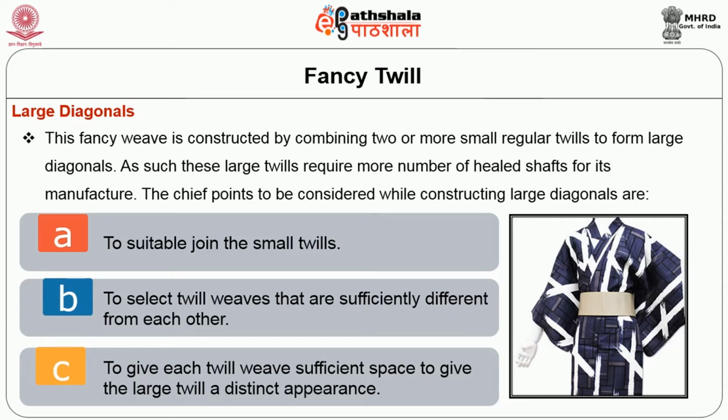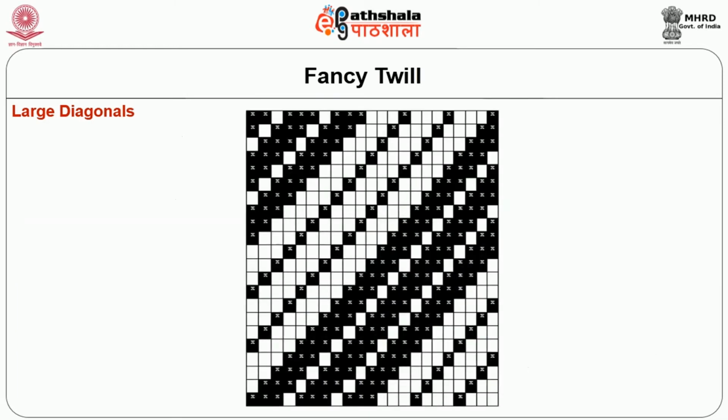The chief points to be considered while constructing large diagonals are to suitably join the small twills, to select suitable weaves that are sufficiently different from each other, and to give each twill weave sufficient space to give the large twill a distinct appearance. The construction of large diagonals is illustrated in figure 1.1.